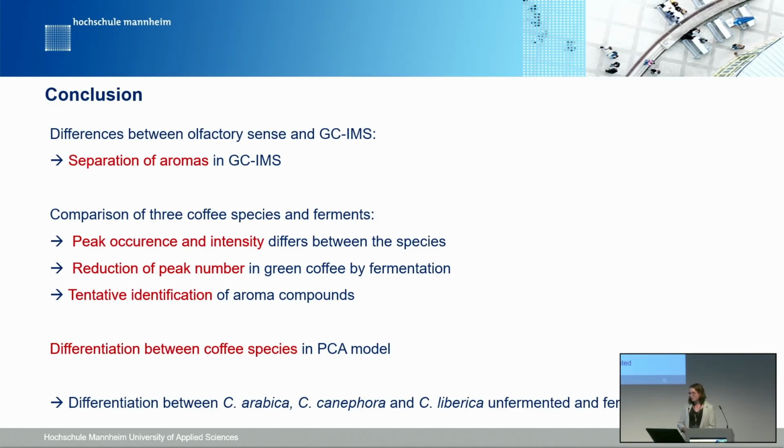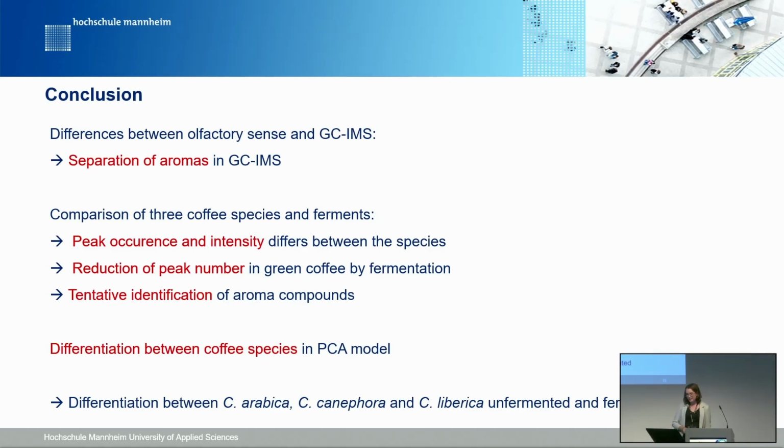I compared 3 coffee species and different ferments and saw differences in peak occurrence and intensity, and also, which is especially mentionable, that we have a reduction of the peak number, so the aroma compound number, in green coffee once it is fermented. I did a tentative identification of the aroma compounds, but I hope I stressed enough that this is really just scratching the surface.